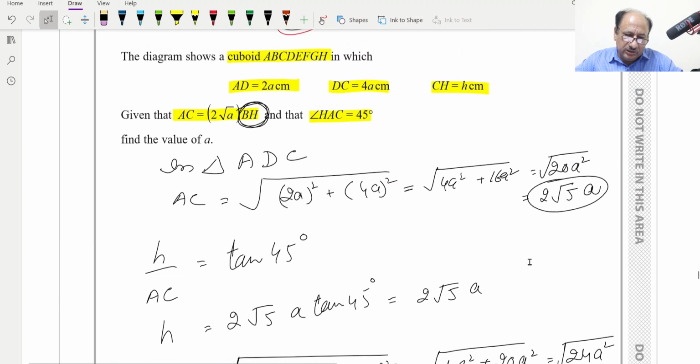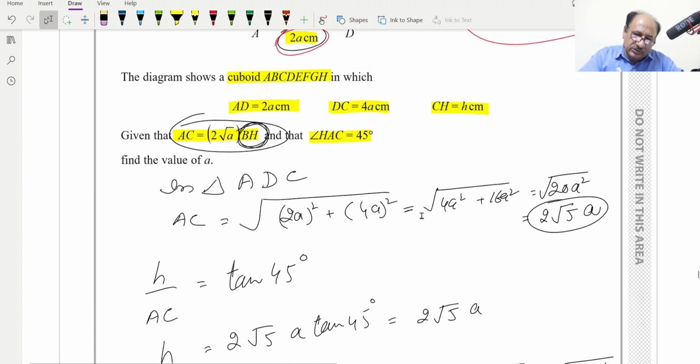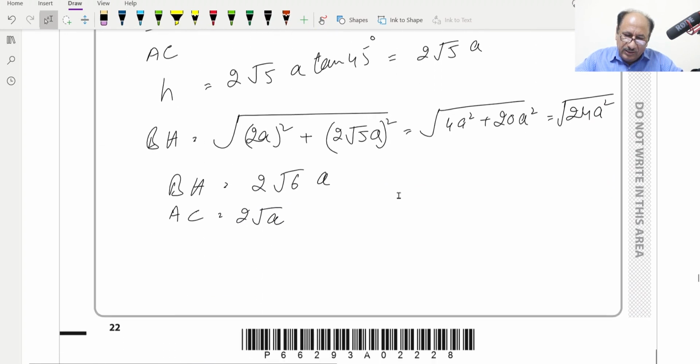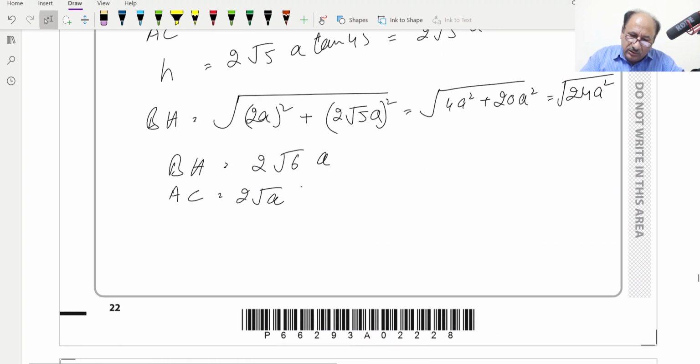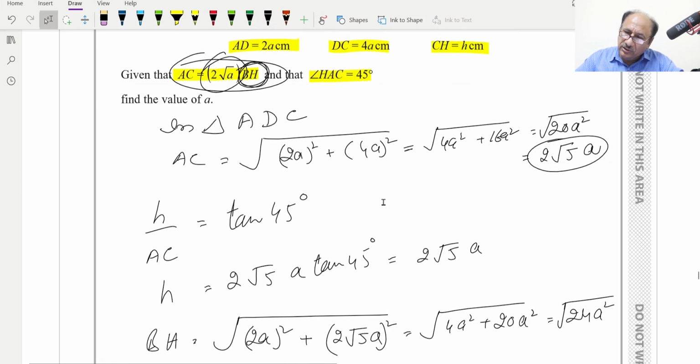Now we have this condition: AC is equal to 2 under root A multiplied by BH, and BH is over here, so we can write multiplied by 2 under root 6 and A, and basically now simplify this. AC value we have already calculated, which is this one.